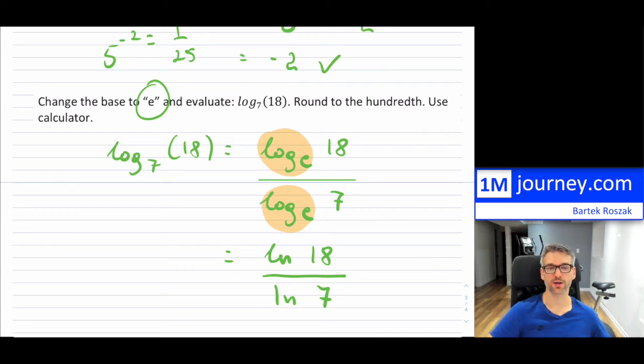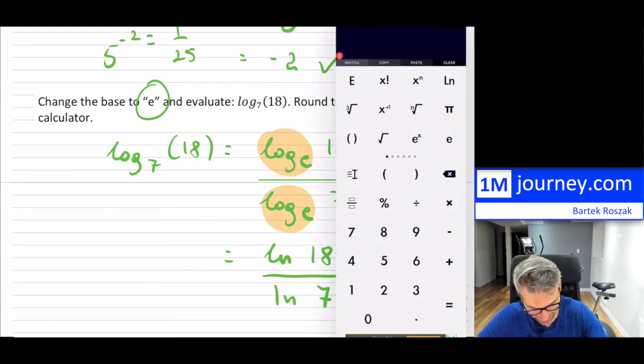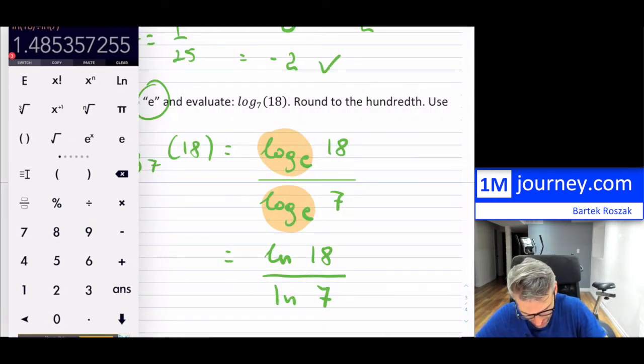So that's just ln. And now use calculator, round to the 100th. All right, so let's see it. Here's ln of 18 divided by ln of 7 equals, let's see what that gives us. Oops. That's going to give us, to the 100th, 1.48535.